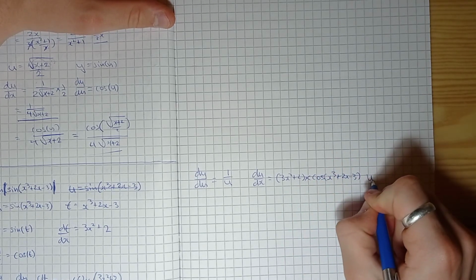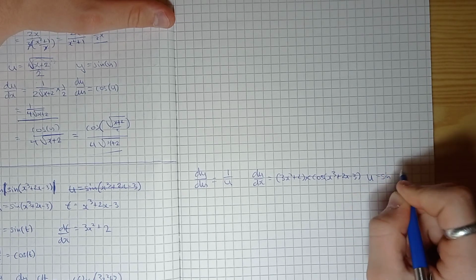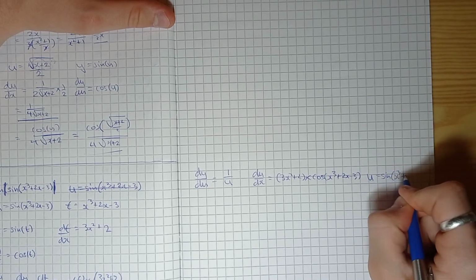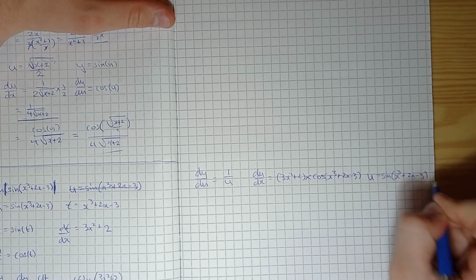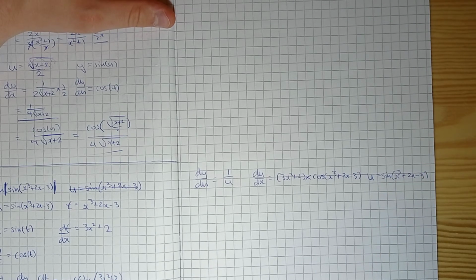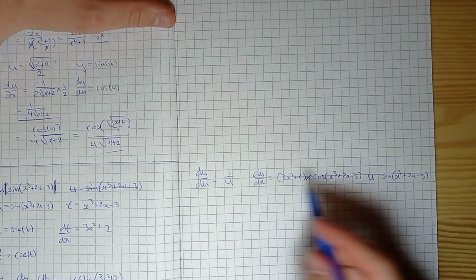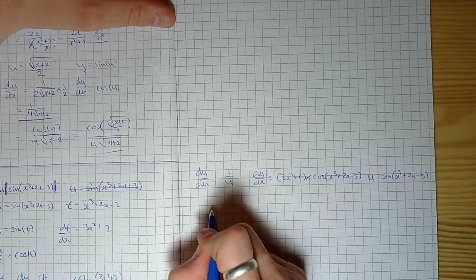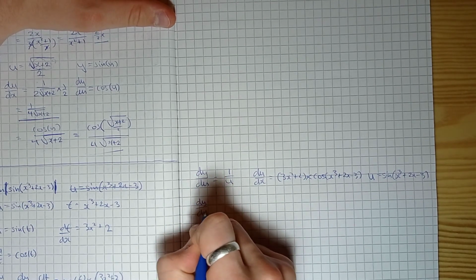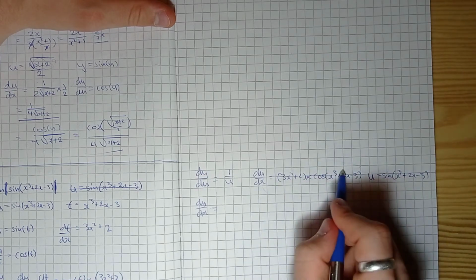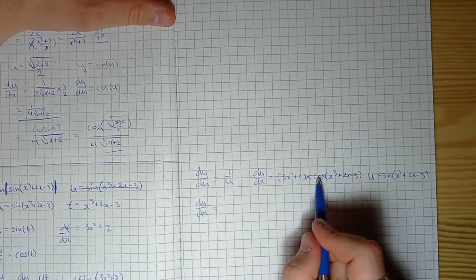And we have to remember that u equals sine of x cubed plus 2x minus 3. This again looks pretty scary, I'll grant that. We multiply them together, same exact process: dy/dx equals this top thing divided by u, because it's 1 over u multiplied by that.